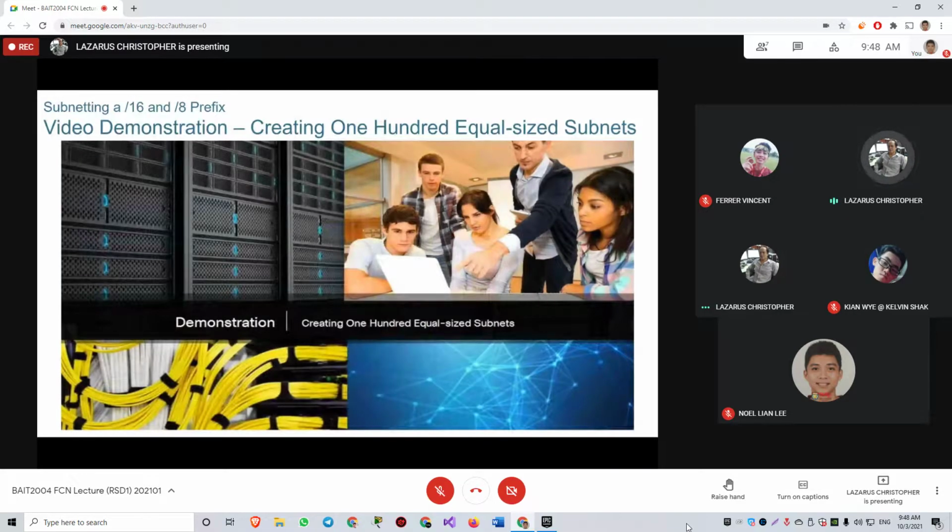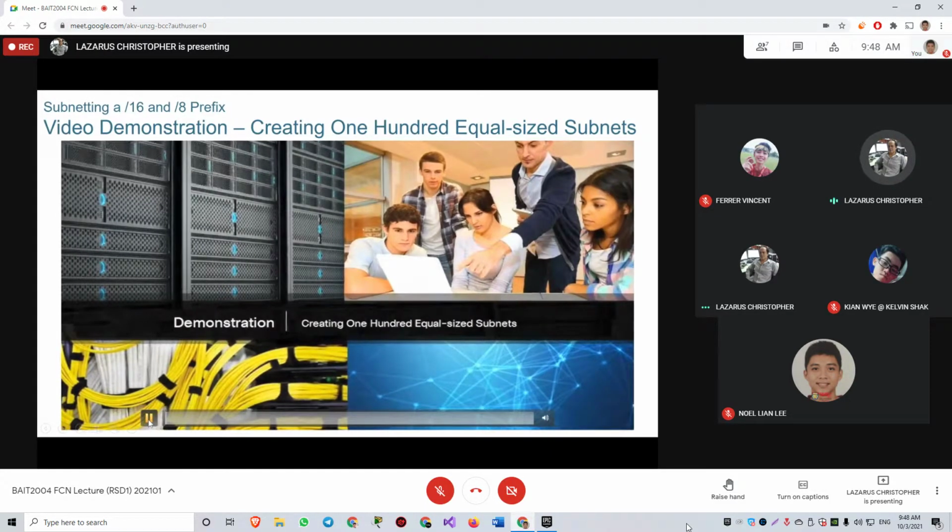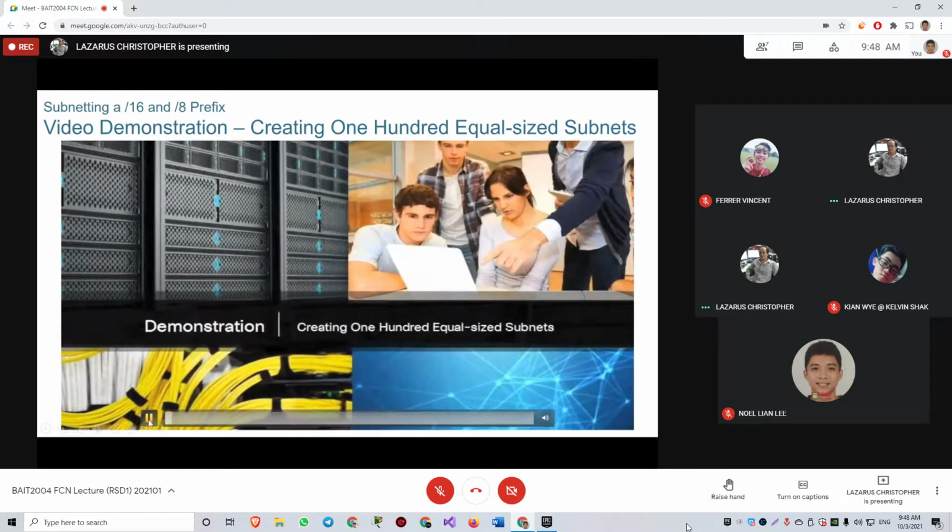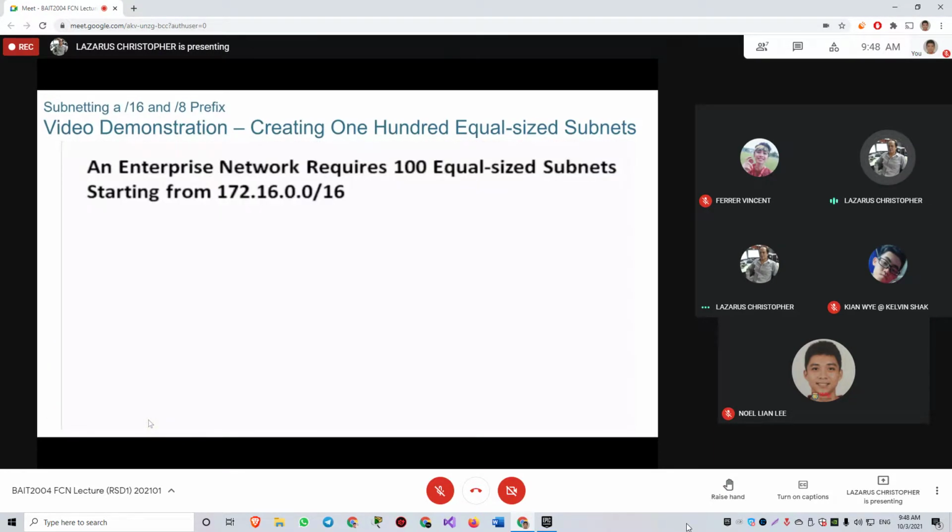Right, so here is an example of creating 100 equal size subnets. As you can see, the process will be the same, but dealing with larger numbers only. An enterprise network requires 100 equal size subnets, starting from 172.16.0.0/16.